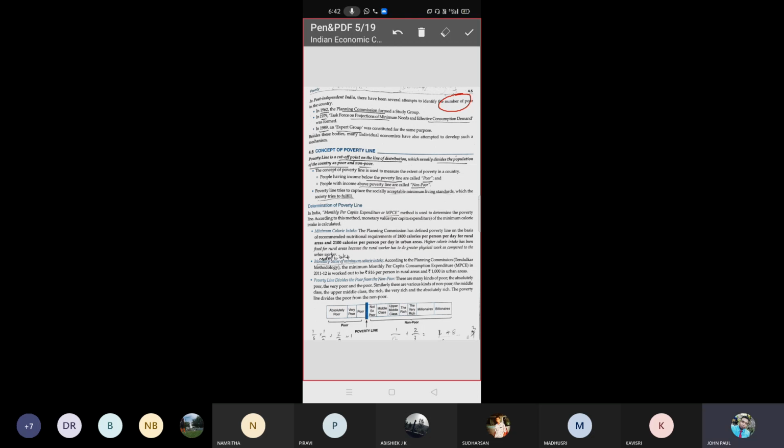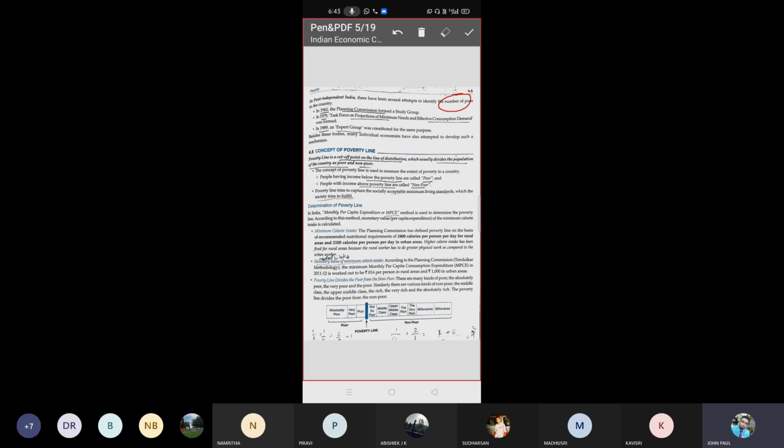So, the concept of the poverty line. The poverty line is a cutoff point. You can see this is the poverty line. It is the cutoff point on the line of distribution which usually divides the population of the country into poor and non-poor.